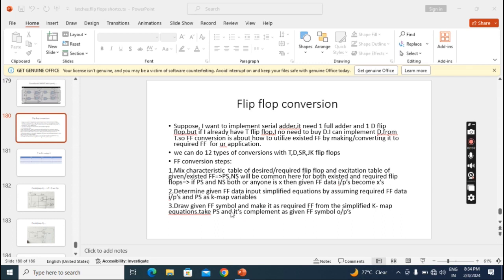So we have to take the given flip-flop symbol and make it the required flip-flop from the simplified K-map equations. Okay. In this given flip-flop symbol, the outputs are the present state and its complement. So in further lectures, I will take two examples. I will show how to do each step. Okay.